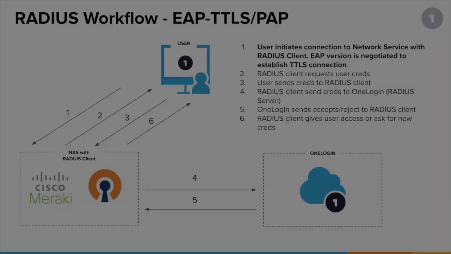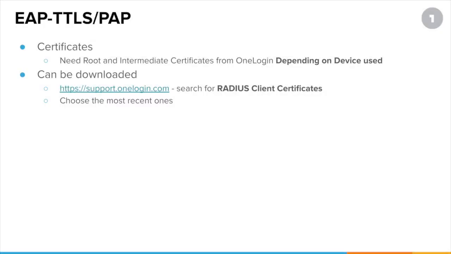Now, the trick here is that depending upon the NAS device, so the Wi-Fi router or the VPN server, etc., it might be necessary to actually install certificates on the clients themselves, those Radius clients. So again, this all depends upon the device, but it is something to be aware of.